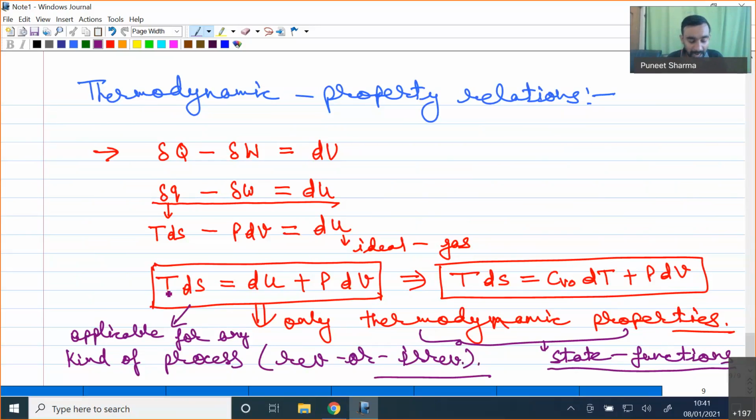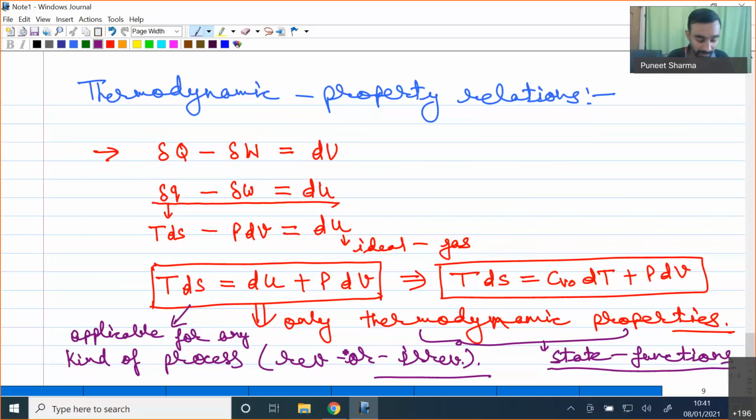Though while deriving this property relation we used the formulation of a reversible process, finally this equation has taken a form which consists of only thermodynamic properties, and we know that thermodynamic properties are state functions. So I can say that this equation will be applicable for any kind of process.